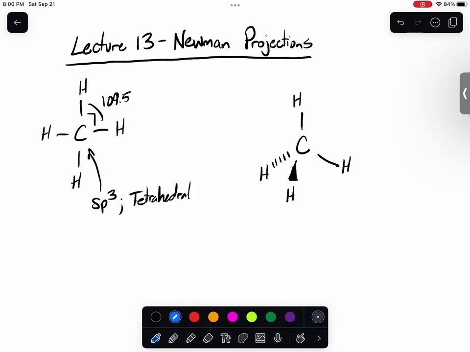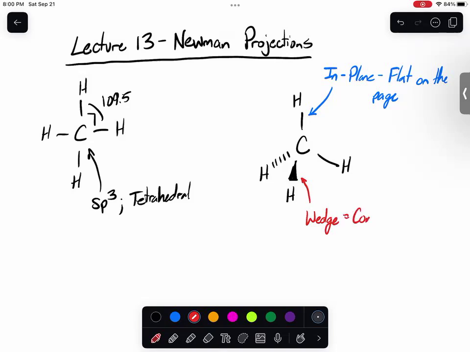And so these flat lines here are what we're going to call in plane, right? They are essentially flat on the page. So those are as drawn. Essentially, if you were to look at them, it should look like that normally. However, these other ones that are on these wedges and dashes are a little different. So the wedge is essentially showing that it is coming out of the paper towards you.